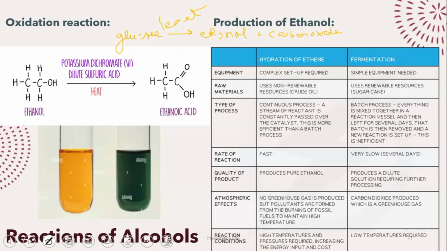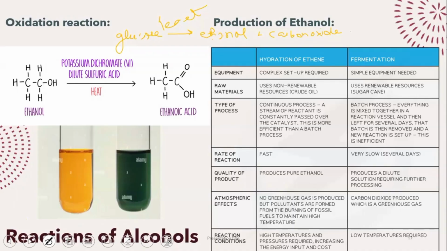Hydration needs non-renewable resources. Hydration is a continuous process. What does that mean? It means I do it in an industry. I can start the reaction and continuously supply ethene and steam. No problem.